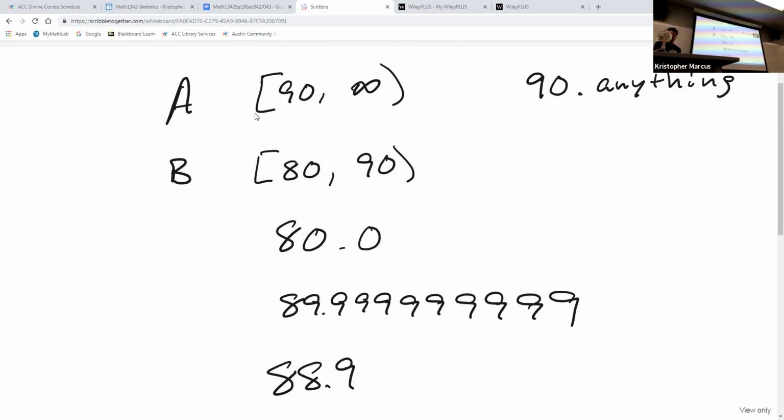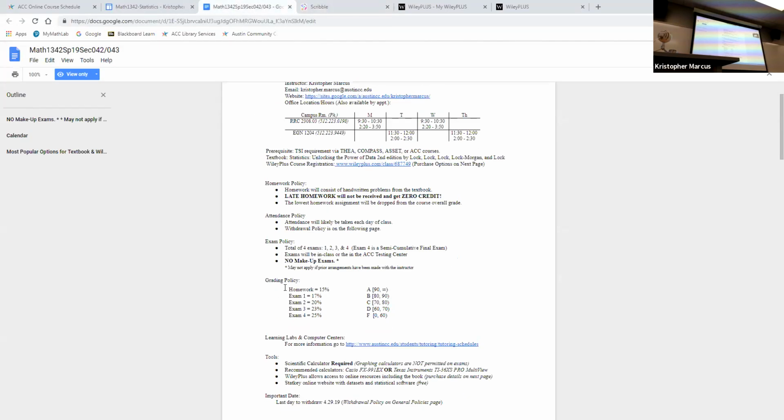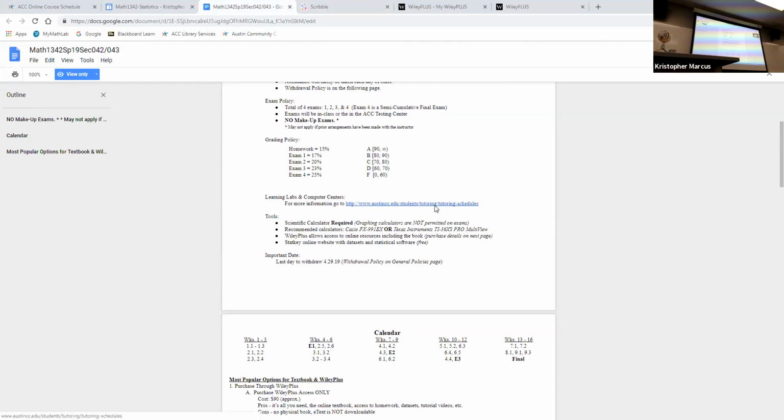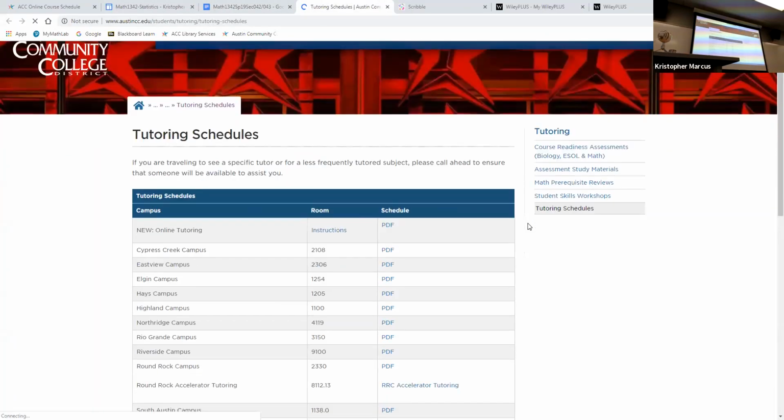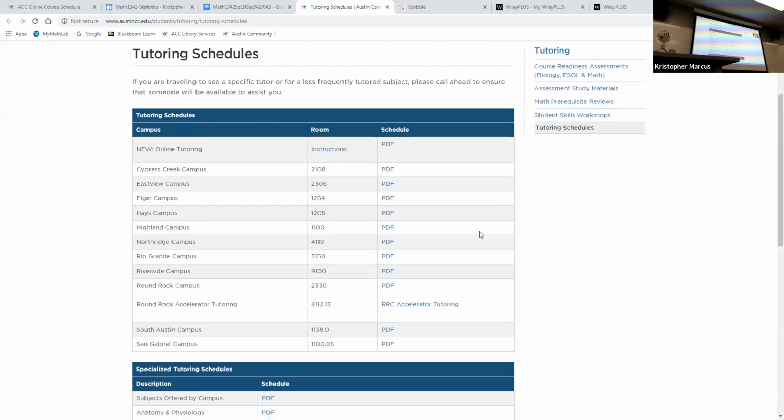Okay, other things here at the very end of the first page, the learning labs. This is a new link for the Learning Lab resources. If you go to this link and click it, it takes you to this page here. It tells you the schedule for all the campuses. They all have a learning lab where they have tutors. You already paid for it through your tuition, so it's a free service.